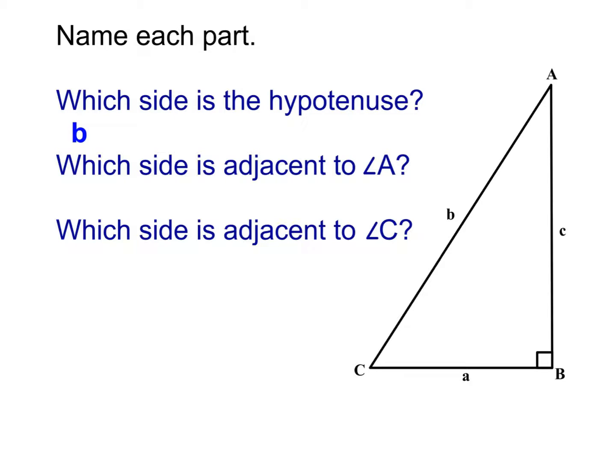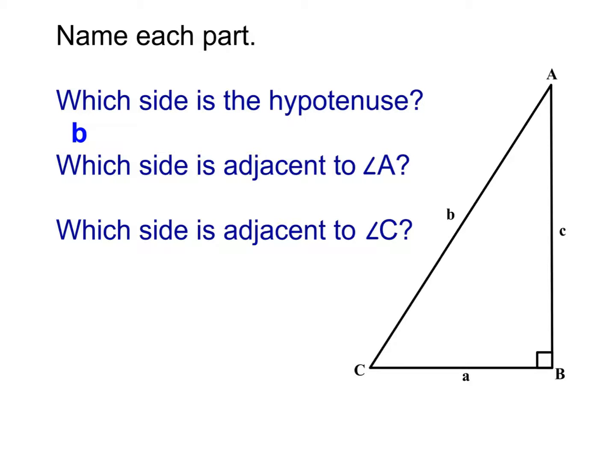It's always the longest side in a right triangle. So you could look up there and say, oh, B is the longest, therefore that one has to be the hypotenuse. The other way is that the hypotenuse is always opposite from the right angle. So it's always the side that the right angle opens toward. You can remember it either way. They both tell you the same side.